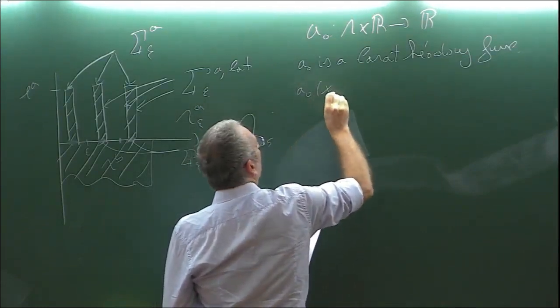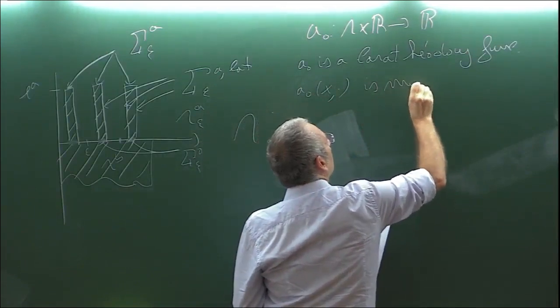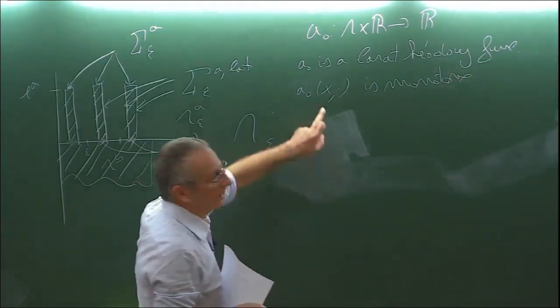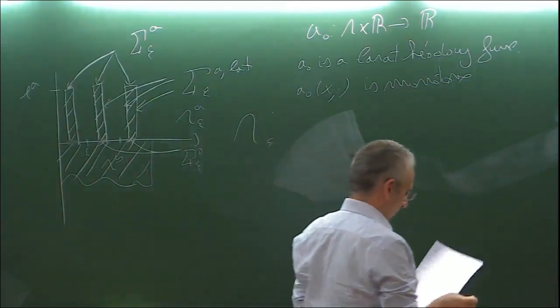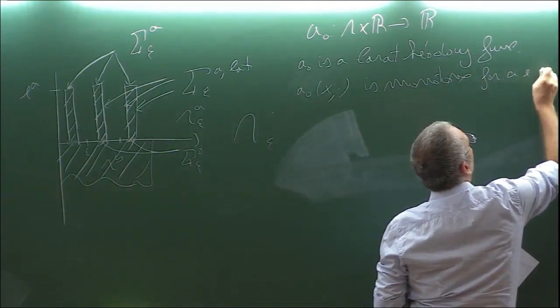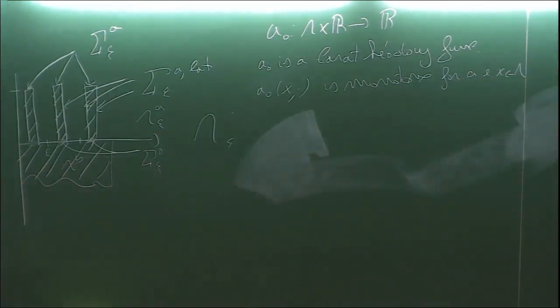H0 is monotone in the second variable for almost everywhere x in omega. Monotone means that we require only the first condition, okay? Not the second one.